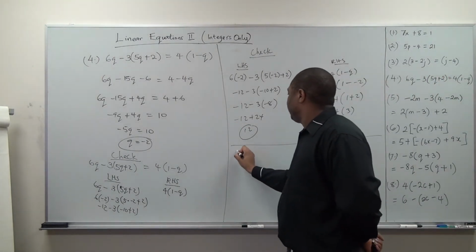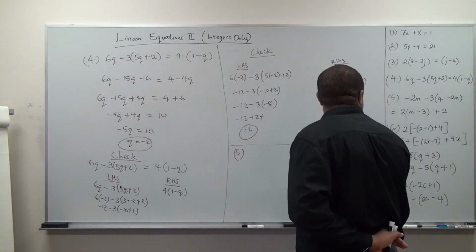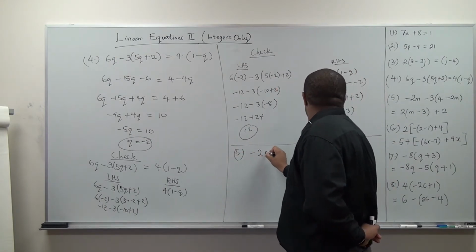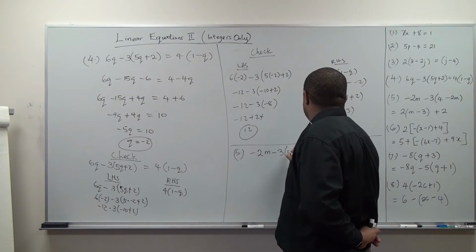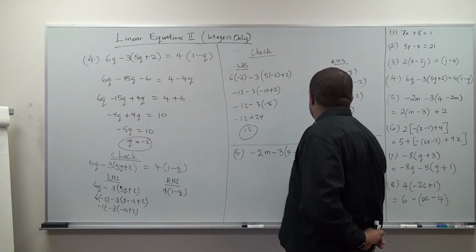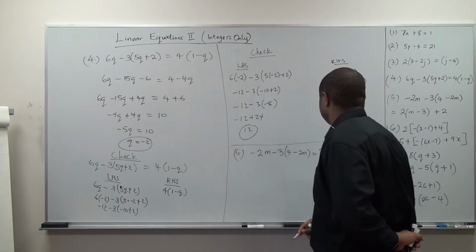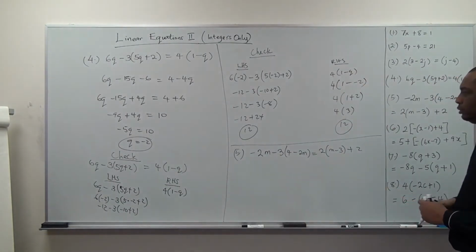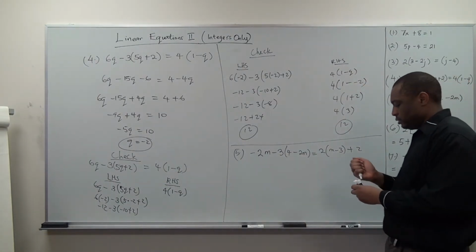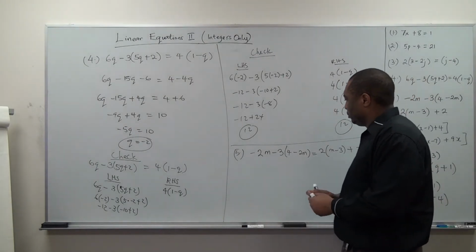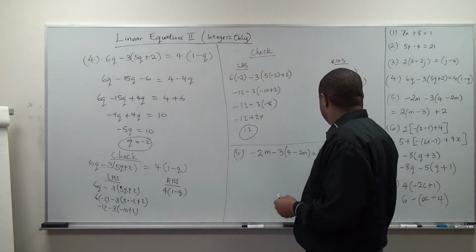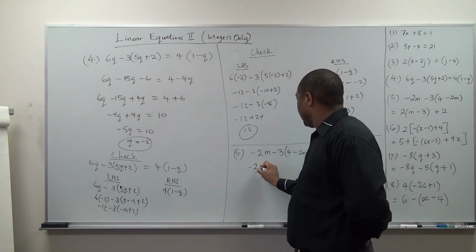Okay, question 5. We have negative 2m minus 3 into 4 minus 2m equal to 2 into m minus 3 plus 2. So in this case, as usual, you distribute here and here. So this is negative 2m.